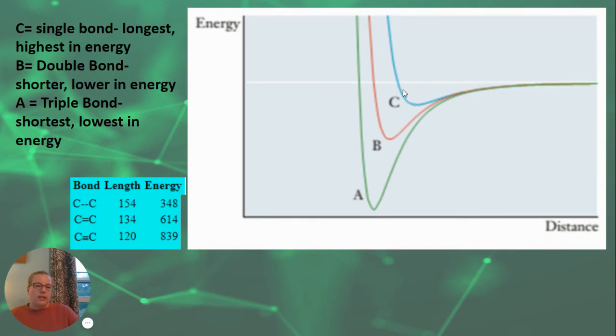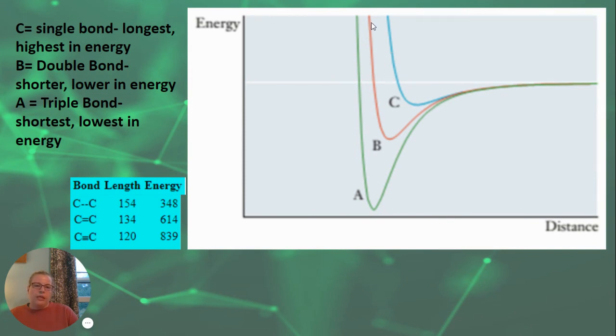What this is telling me on this graph, this blue line, is that when I form this bond it does not cause a huge drop in energy, which means it's not a super strong bond. Also, because distance is on the x-axis here, it tells me that this is the longest bond, because where this minimal point, this low point, happens, it is the furthest away, or it's the longest distance.